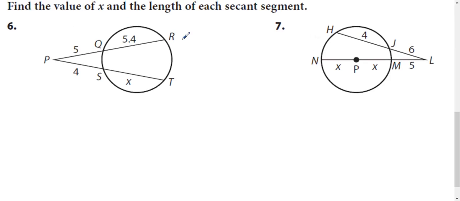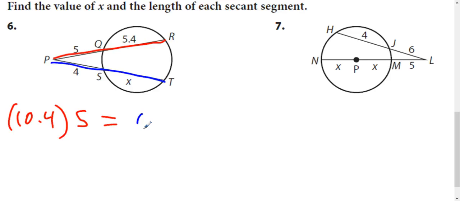Same thing for these two. Secant, so you take the whole length times the outside. So that whole length is 10.4 times just the outside, which is 5, equals the whole length, x plus 4, times just the outside, which is 4.